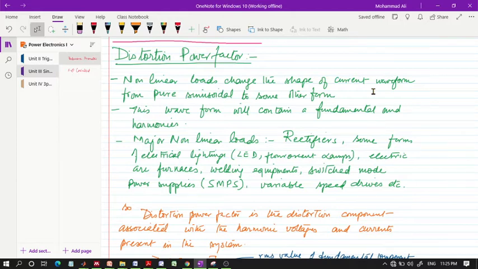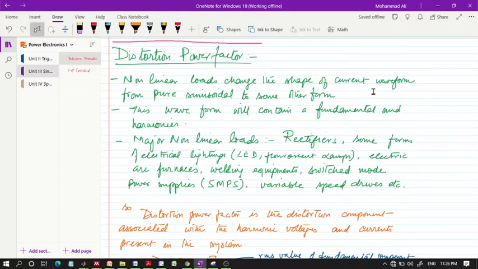So if you open the CPU, you will find the board known as the motherboard, and there we have the SMPS that converts the AC to DC. Then we have variable speed drives. The major role in all these things is played by power electronics.